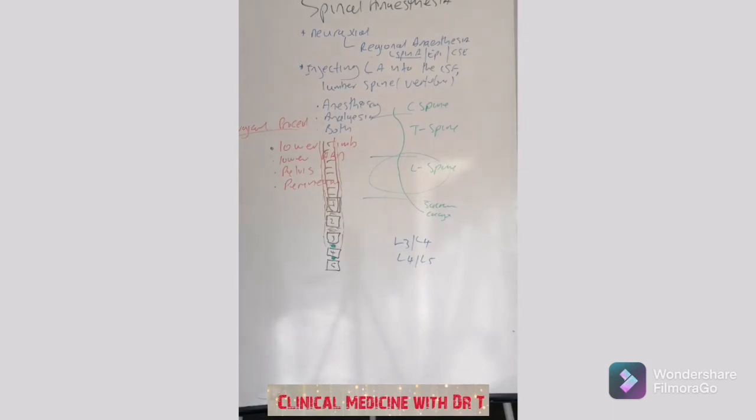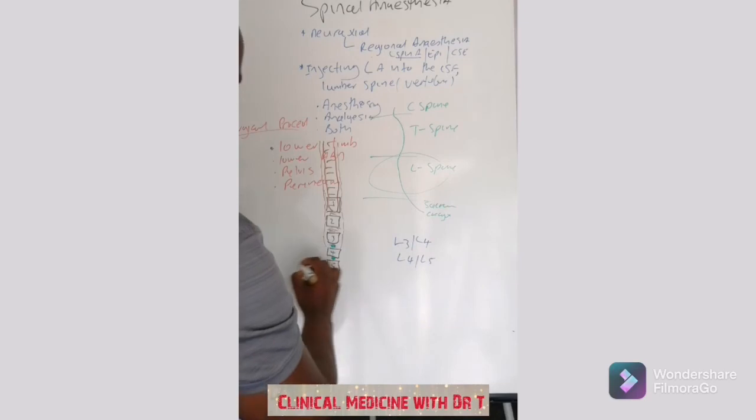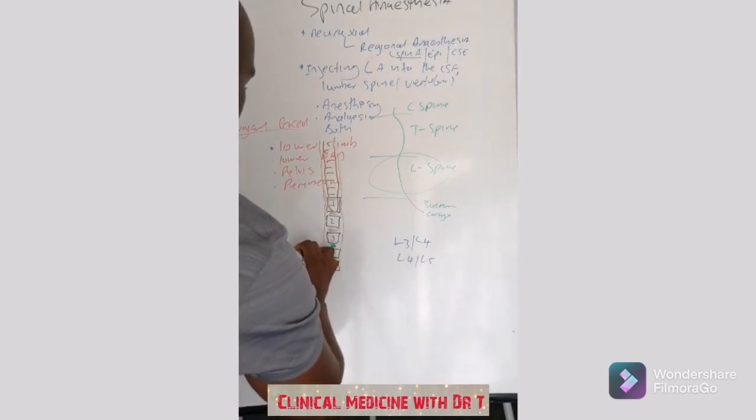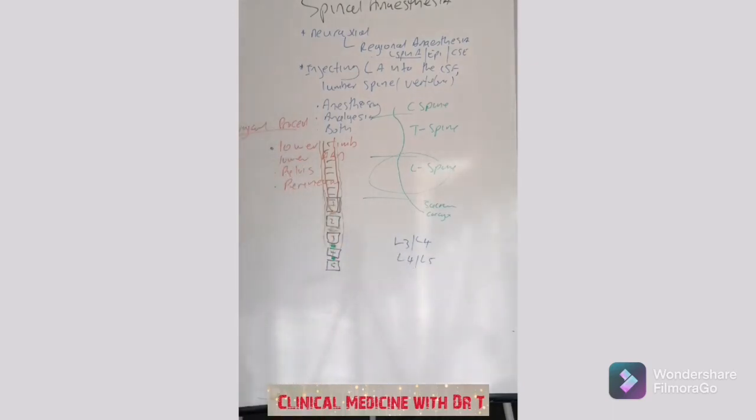Now, how do you get that location? Because these are the two locations that you want. How do you get them? There's an imaginary line that we draw.